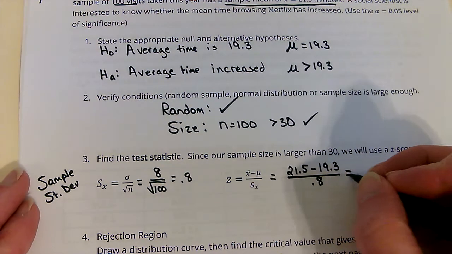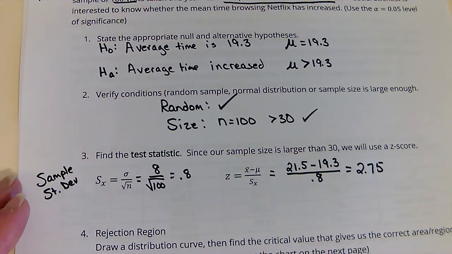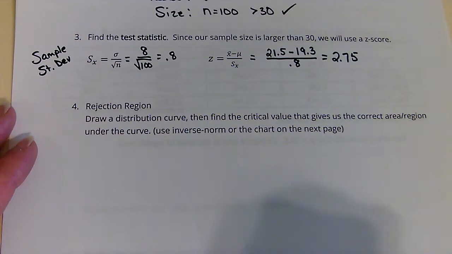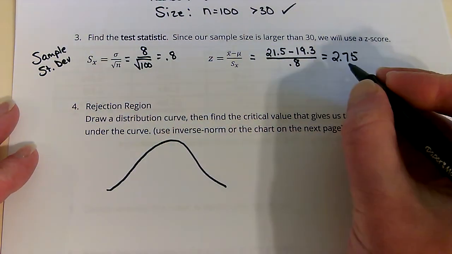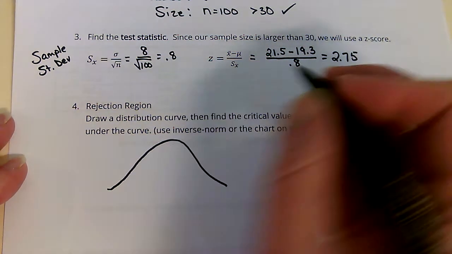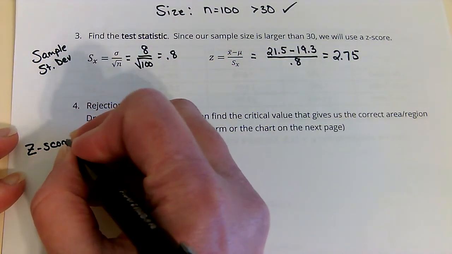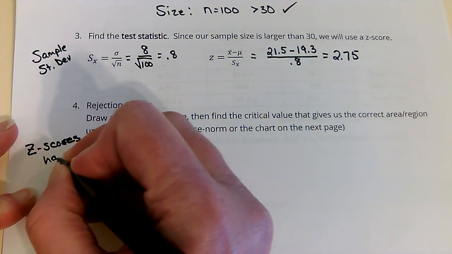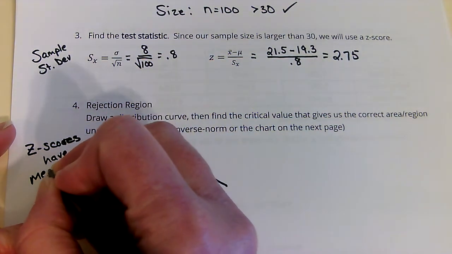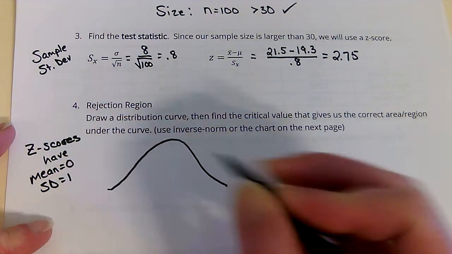Okay. Now we're going to do the rejection region method first. So I'm going to look at a distribution curve. So now this is a z-score. So I'm going to remind you that z-scores have a mean of 0 and a standard deviation of 1.